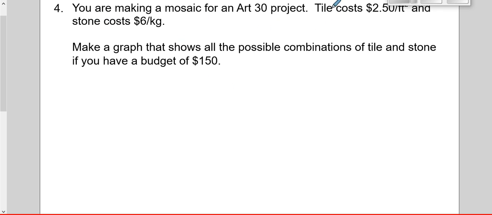We know that the total cost for tiles and stone, whatever amount we have, would add up to a total of $150 max. Alright? So since we don't know how much tile we should be using and how much stone we should be using for the mosaic, we may want to make some assumption using the unknown x and y.